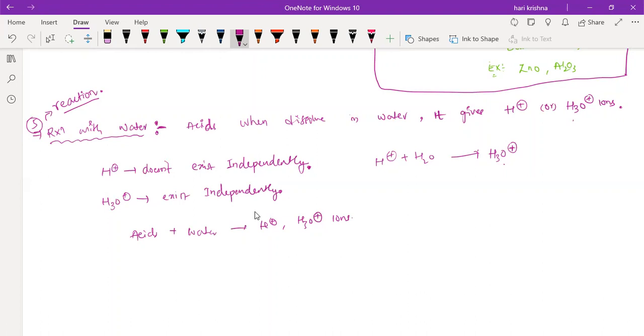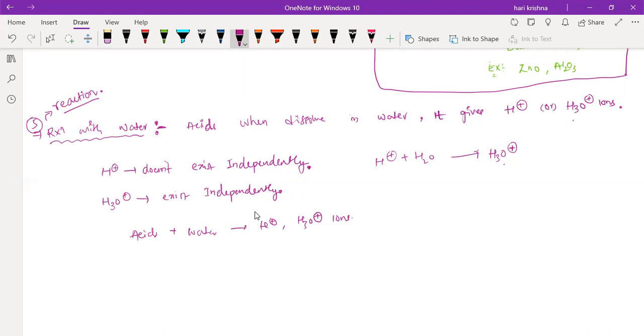When acid reacts with the base, it always forms the salt and water. When acid reacts with the metal oxides, it always forms again the salt and water because metal oxides are basic in nature. And when acid reacts with the water, it will produce the H plus ions. Fine.